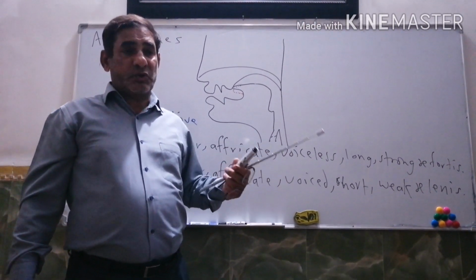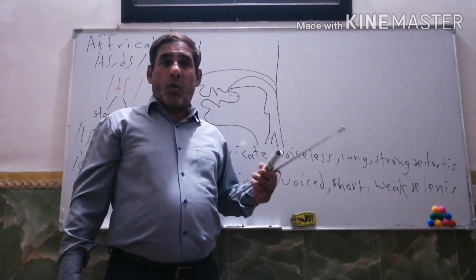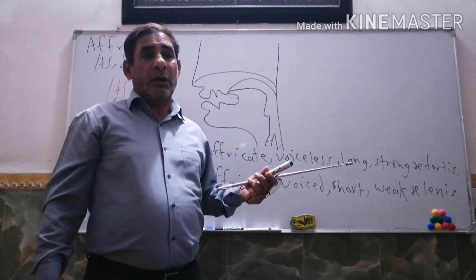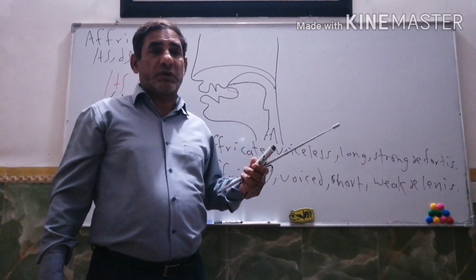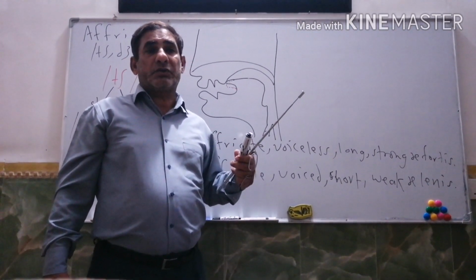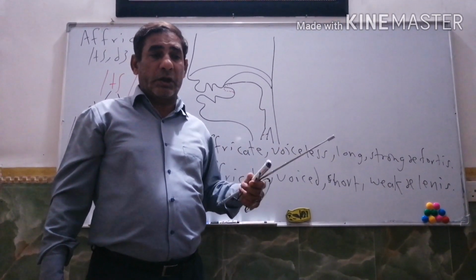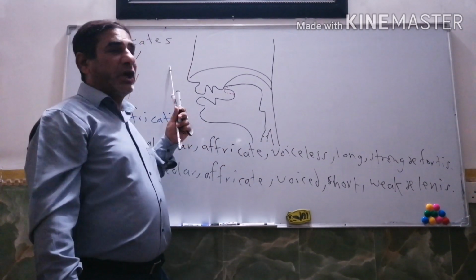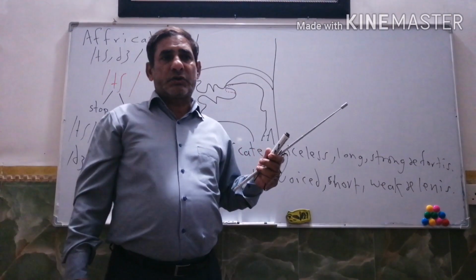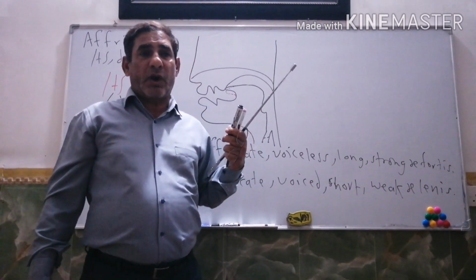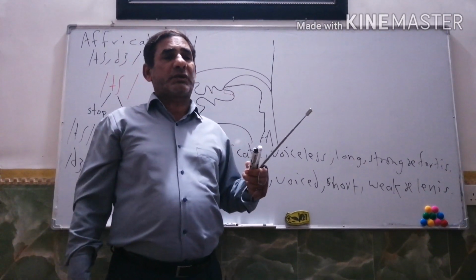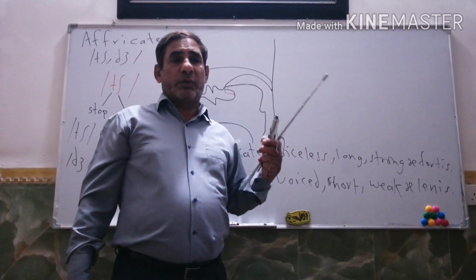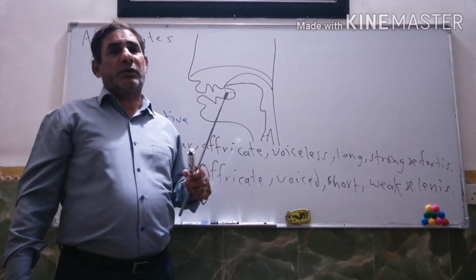But Egyptians, for example, suffer difficulty, because there is no such sound in their dialect. Arabic learners of English don't usually suffer difficulty with J, because J is there in standard Arabic. So most Arabic learners don't suffer with J, but they suffer difficulty with Ch.